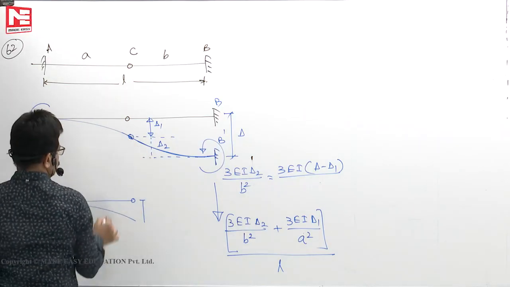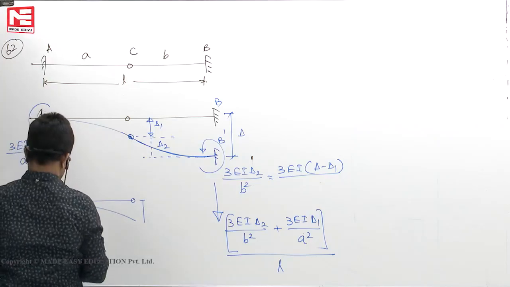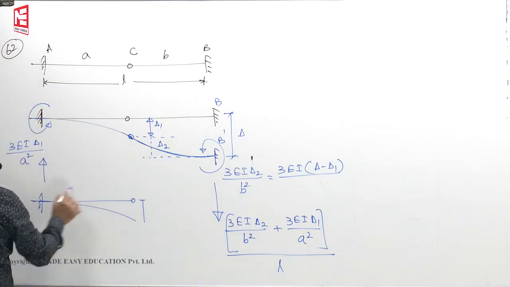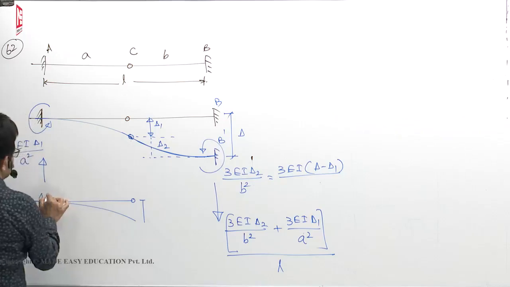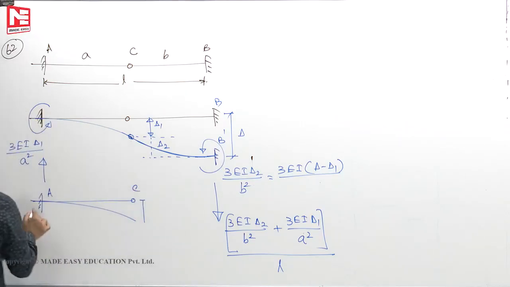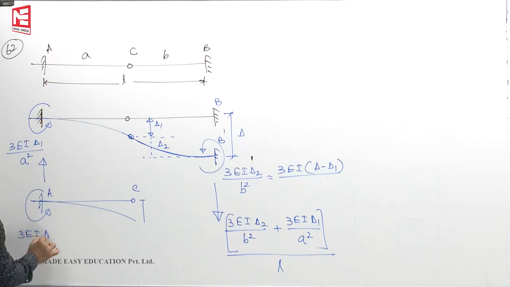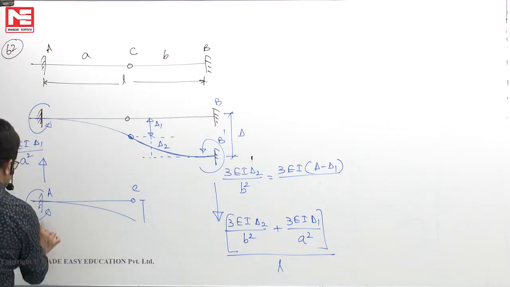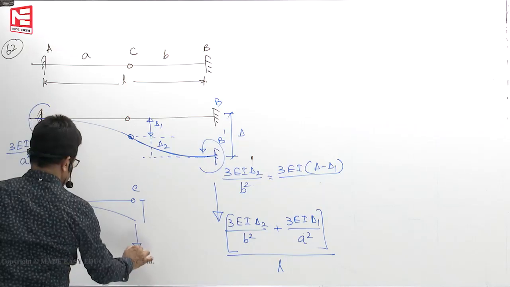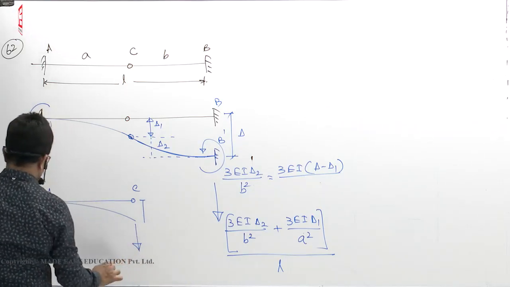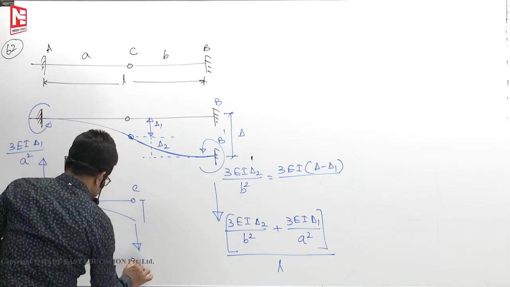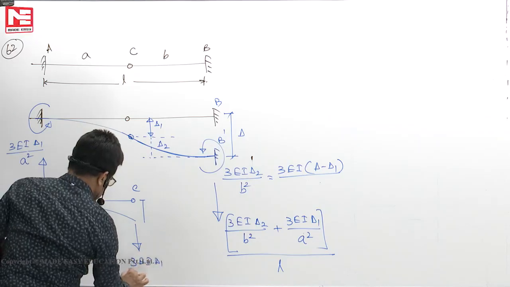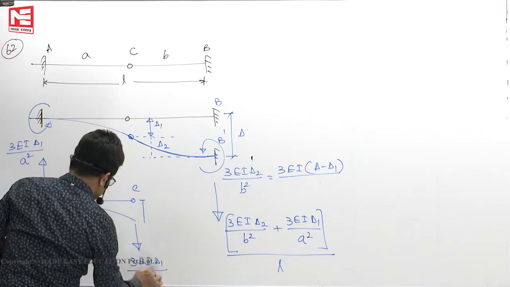Here the net reaction, here there is a downward force. If you take only this member, this is say AC. Here you have 3 EI delta 1 by A square anti-clockwise. So clockwise must be, if you take this free body diagram alone, a downward reaction must be there. It should be pulled down by an amount of 3 EI delta 1 by A cube.